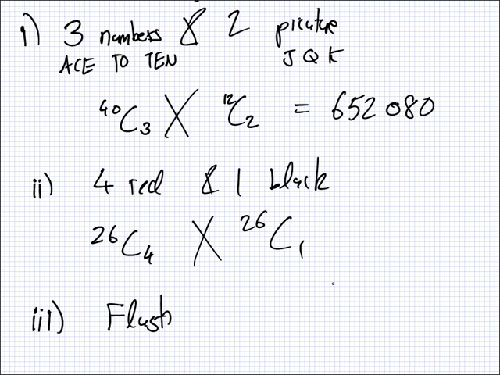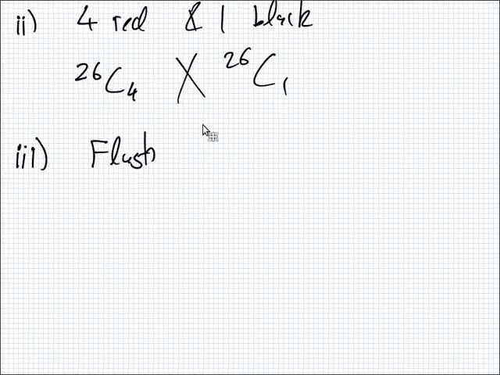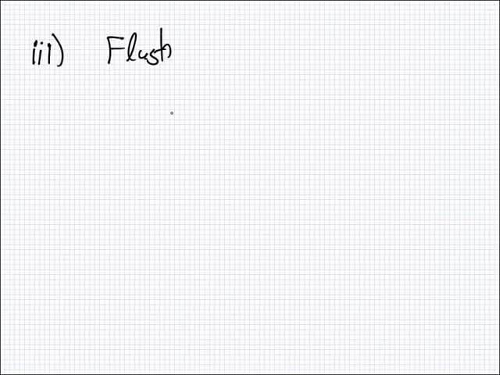So which one do you do? No, just 5 of the same suit. So 5 hearts, or 5 diamonds, or 5 spades, or 5 clubs. Well, let's see. So what should I calculate first?